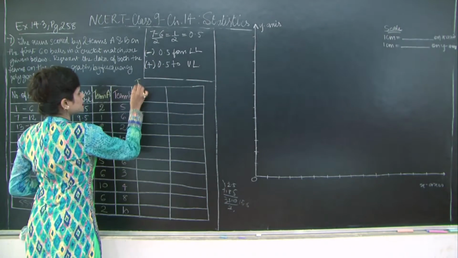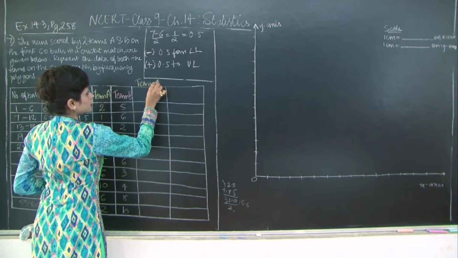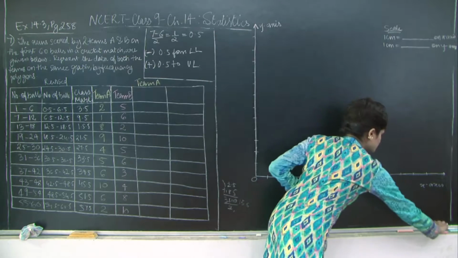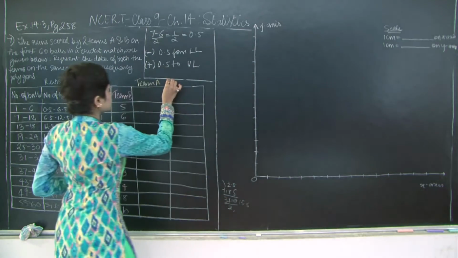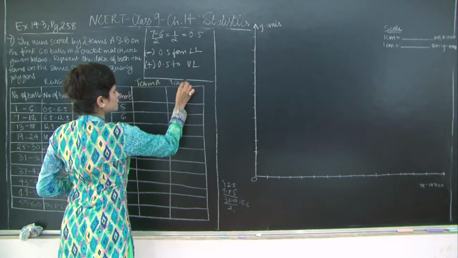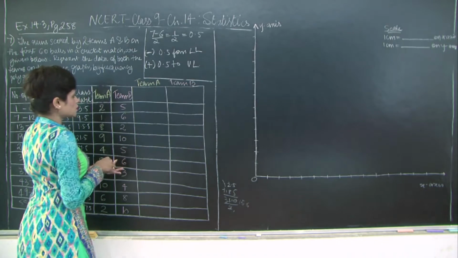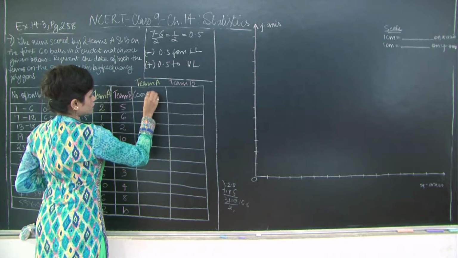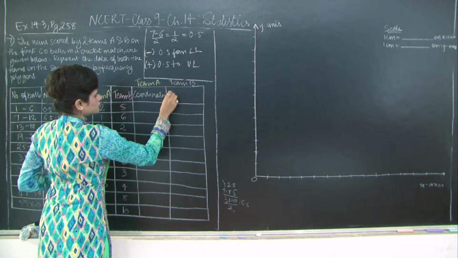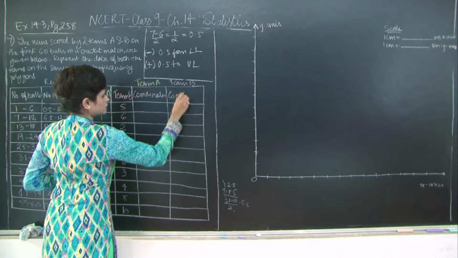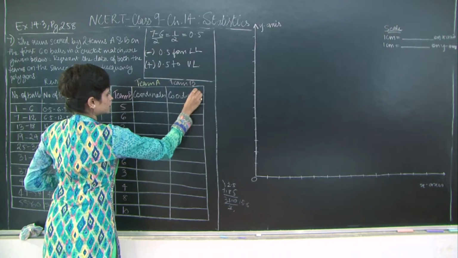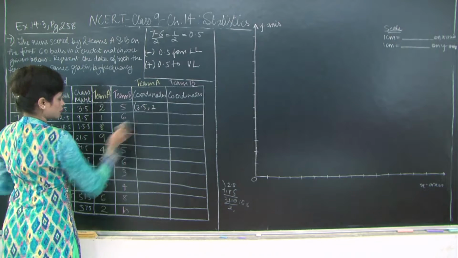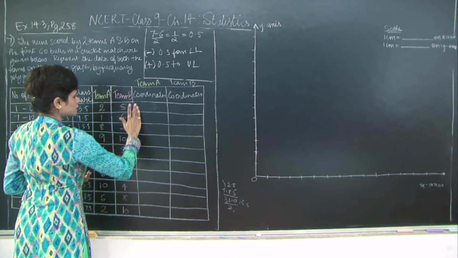I am going to say team A over here and team B, and this is coordinate pair. So this is going to be 3.5, comma 2. I'll write it with the yellow chalk.